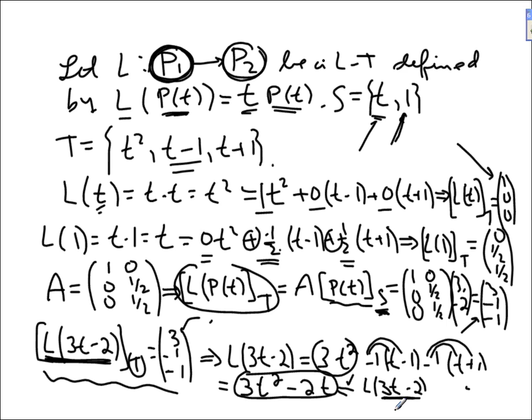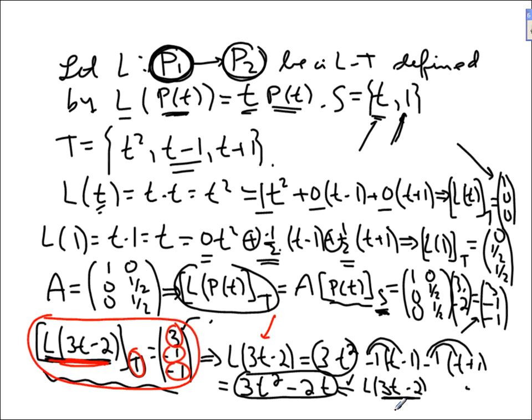Okay, so what you need to do is to practice to get it down cold. If you know this, what's L of 3t minus 2? And the answer is you take the vectors in basis T and you multiply them by those scalars.